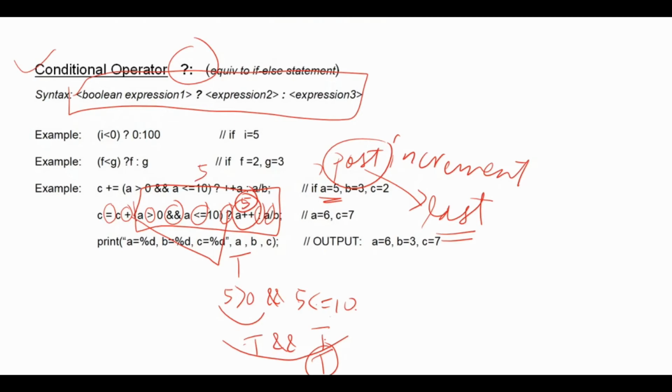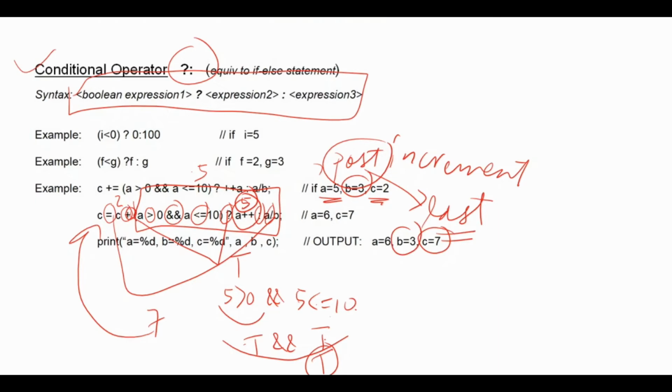After that, our initial value for C is 2. So we execute addition, 2 plus 5. So the whole right side is 7, and it will be assigned to C. So C now is equal to 7 and B is as is, no change.